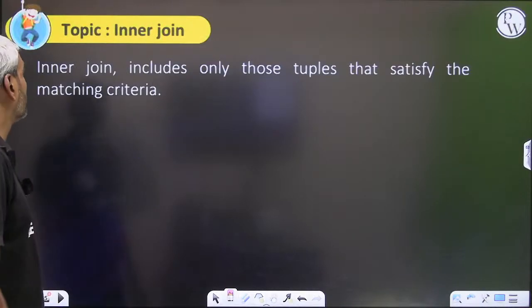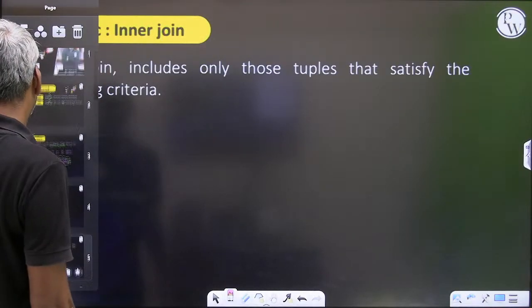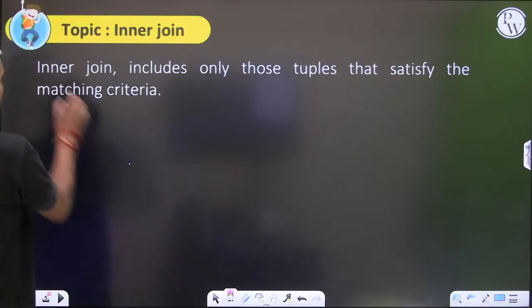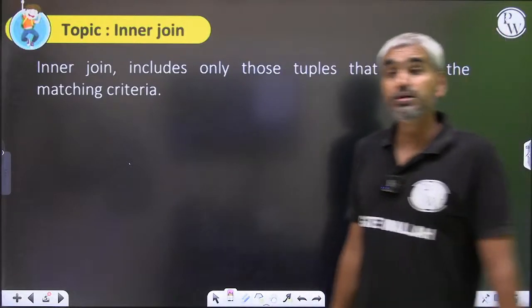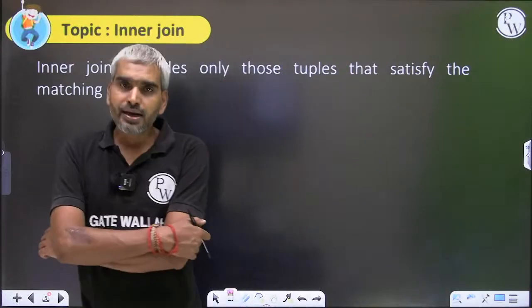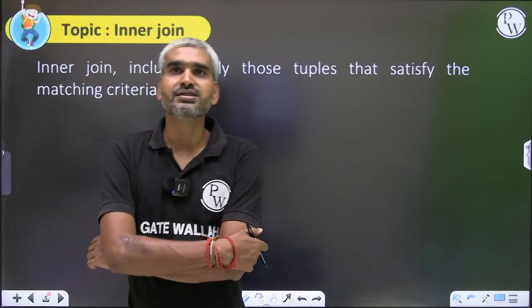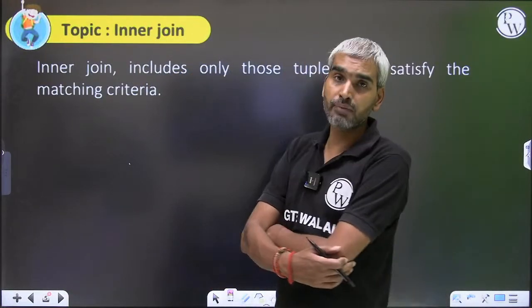What is theta join? Sorry, this slide is repeated. Inner join. So what's the definition of inner join? I just told you, but I did not show you the slide. So what is inner join? In inner join, in the result, only the tuples which are satisfying the join condition or the join criteria will be present.